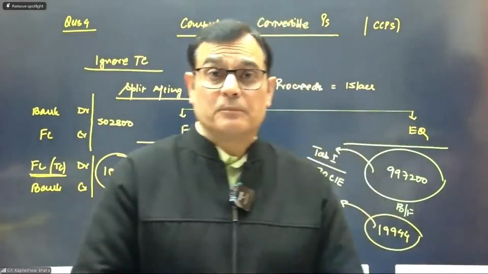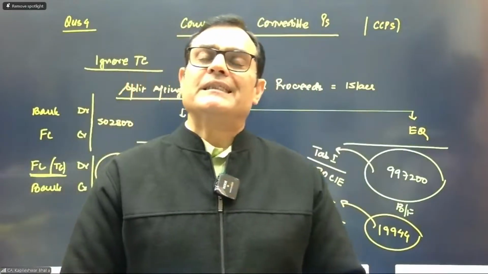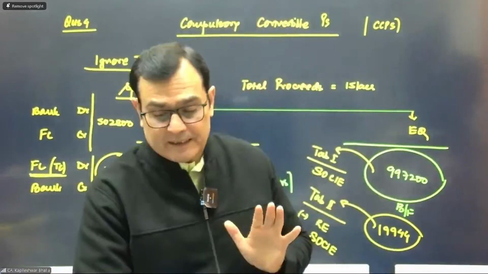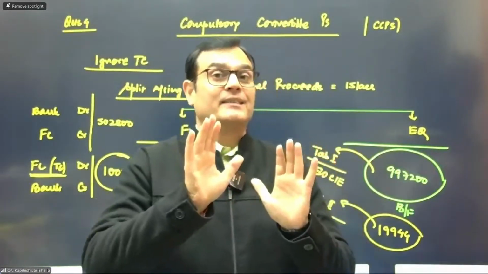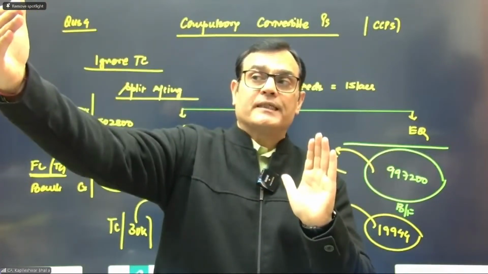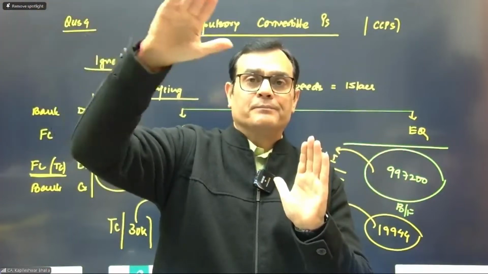But now there is another problem. If you reduce this TC from the financial liability, now watch this carefully, it's a mathematical point, so get this clear. In terms of financial liability, you said whatever are the future payments, let's discount them.